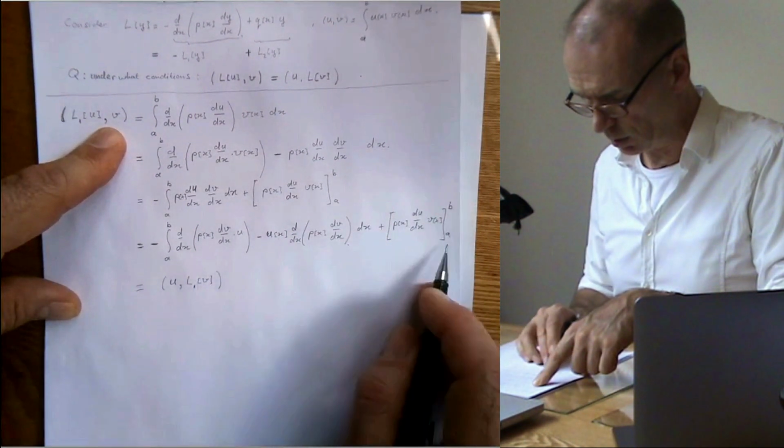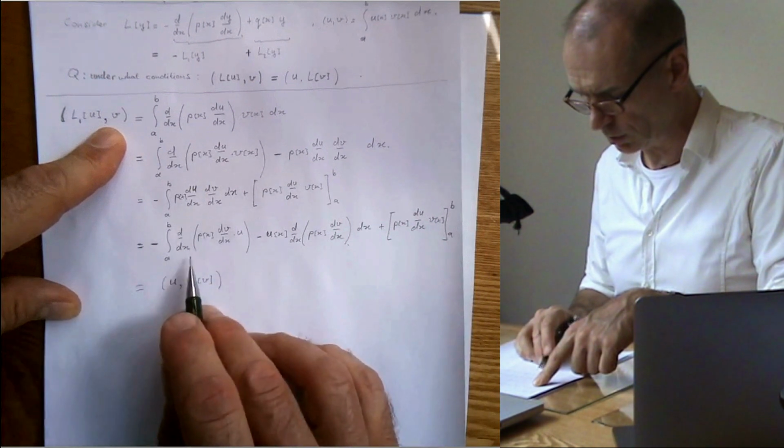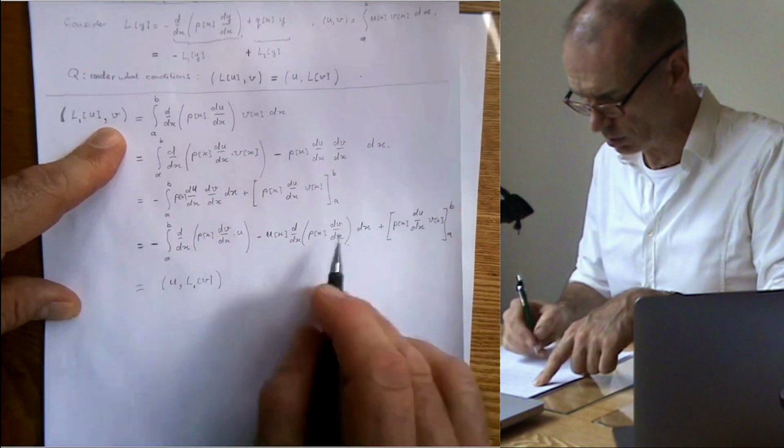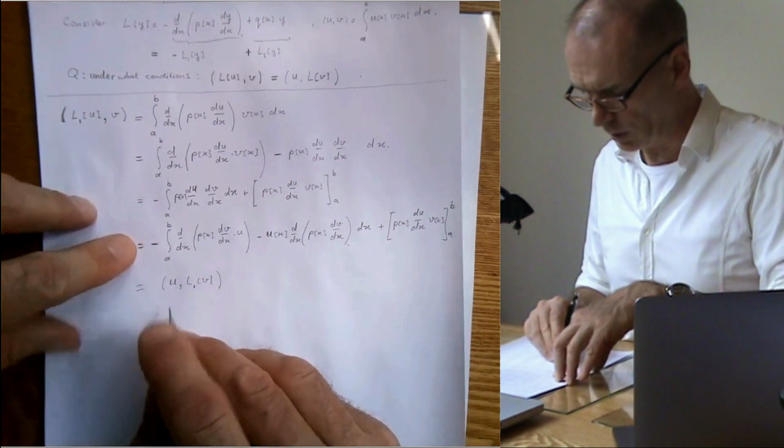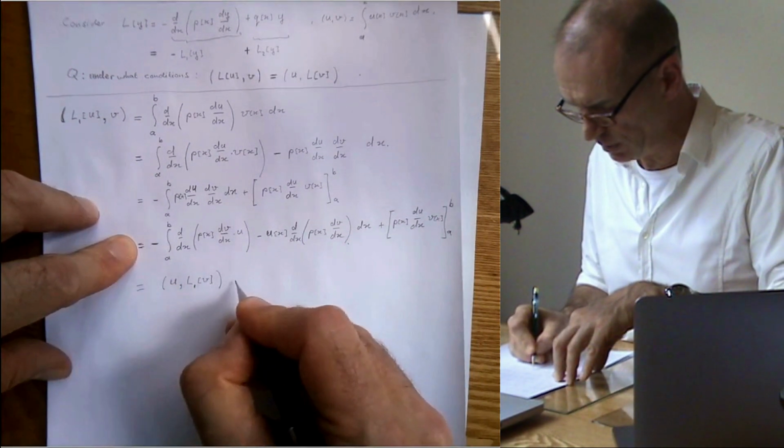This and that and this we can integrate. That is a derivative of something integrated. So that is, we have to copy this minus sign.